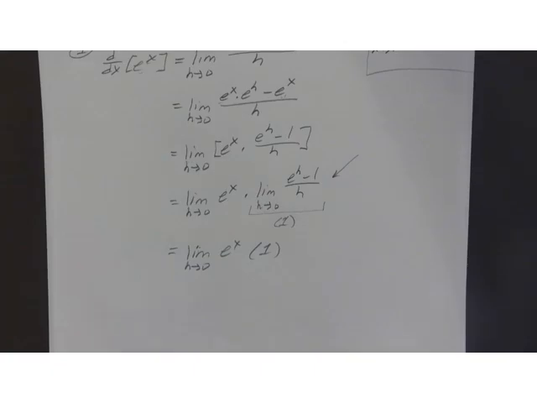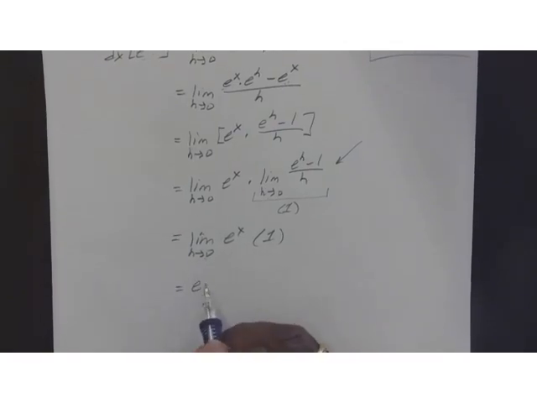Okay. So if we try direct substitution, there are no h's that we can replace with 0. So the limit of e to the power of x as h approaches 0 is just e to the power of x times 1, which is e to the power of x.